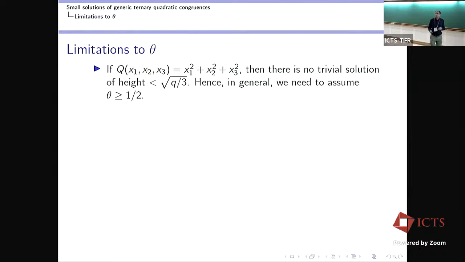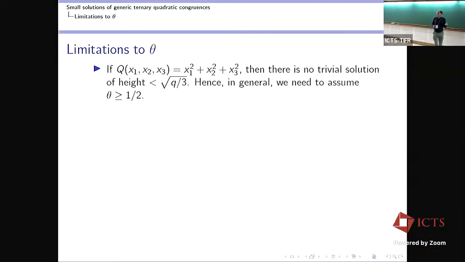So let's see what the limitations are to this exponent θ. First of all, there's an obvious limitation. Let's take just this quadratic form with coefficient 1. Then we see there cannot be any non-trivial solution of height less or equal √q/3, because otherwise the sum of these three terms is less than q.